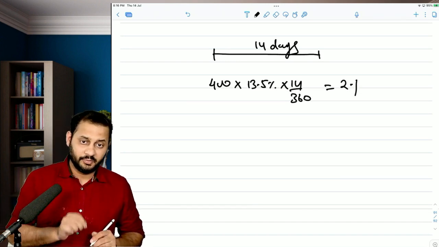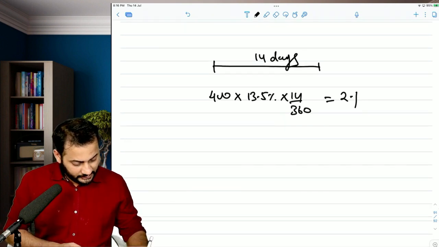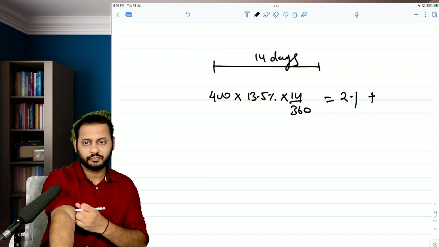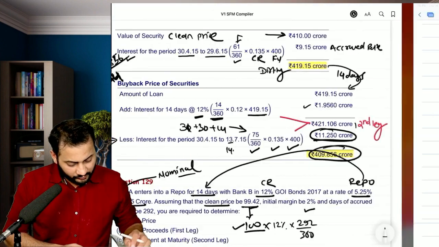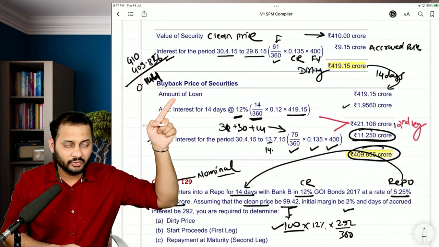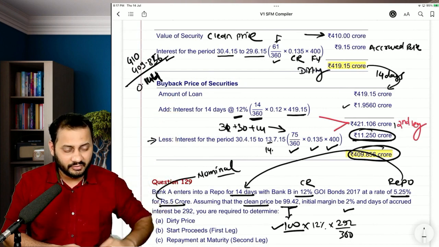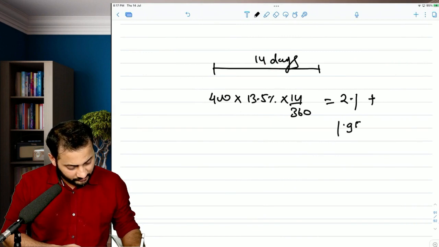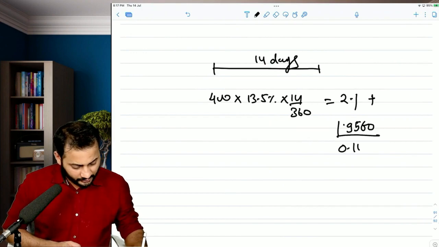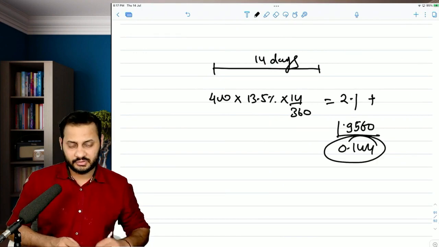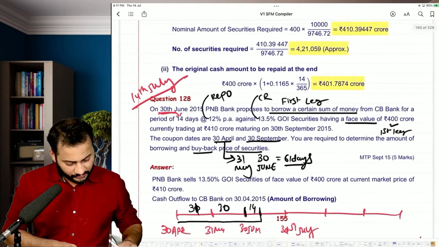But he is eligible to receive a certain amount, and out of the 419 crore given by him, he is eligible to receive 1.9560 from us. So if you calculate the difference, 0.144 is the exact difference. So that's the answer of this question. This question 128 is over.